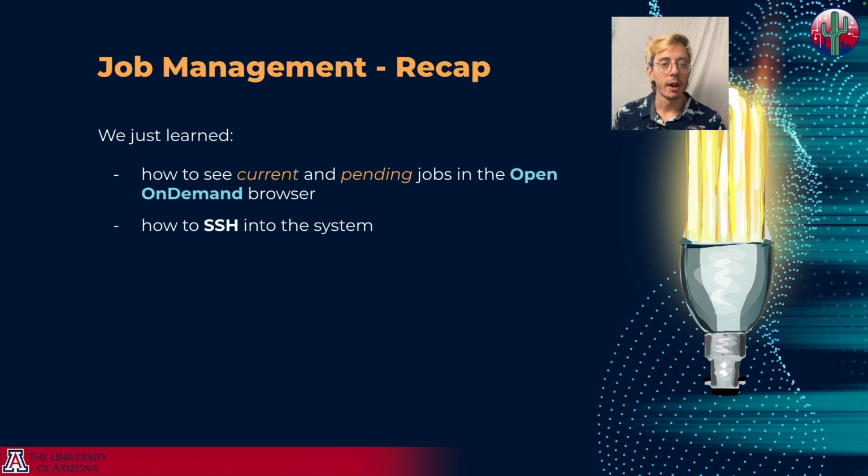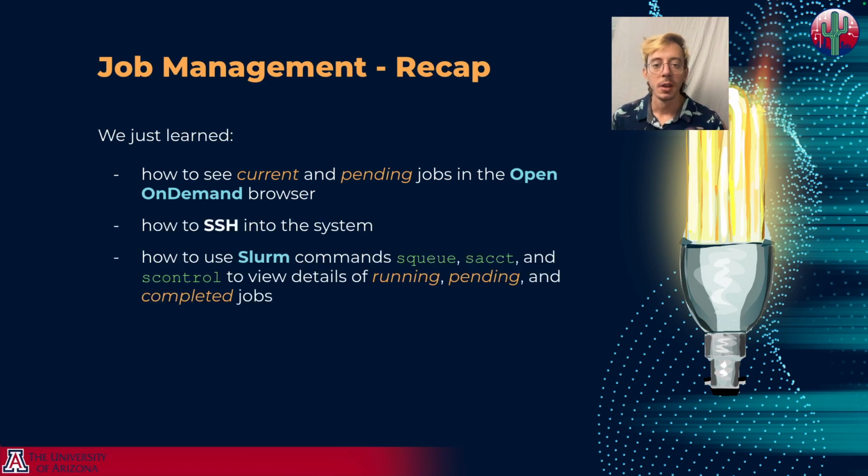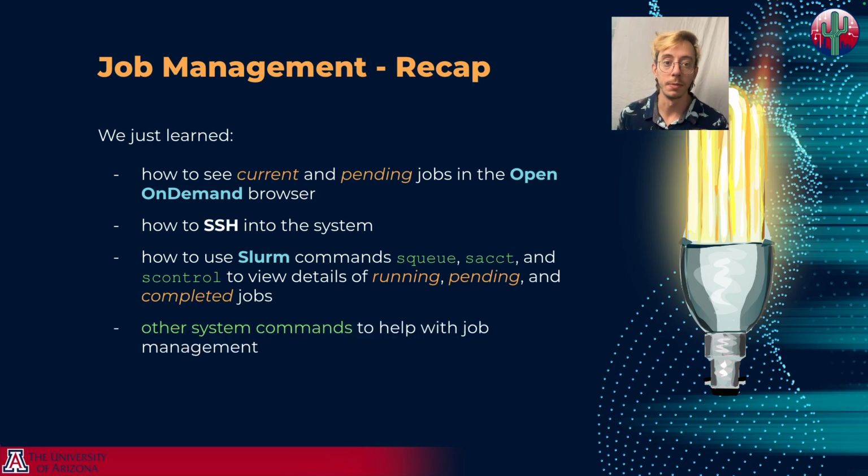We talked about how to SSH into the system. We talked about how to use Slurm commands such as squeue, sacct, and scontrol to view details of all jobs, including running, pending, and completed jobs.